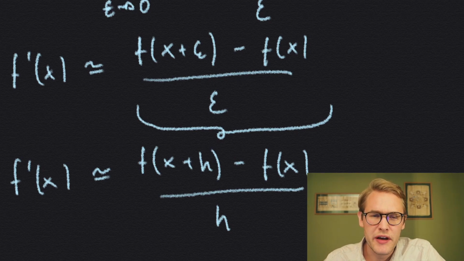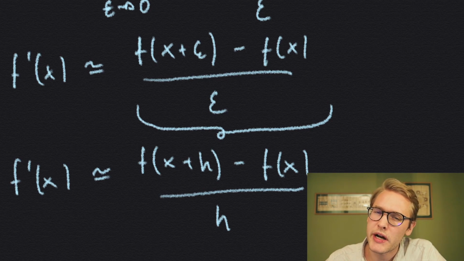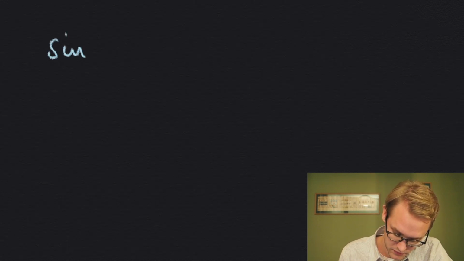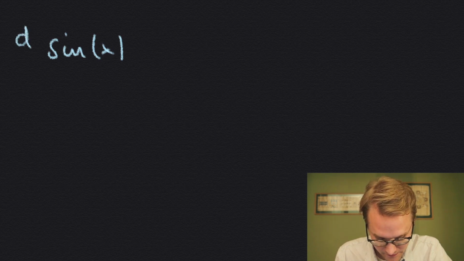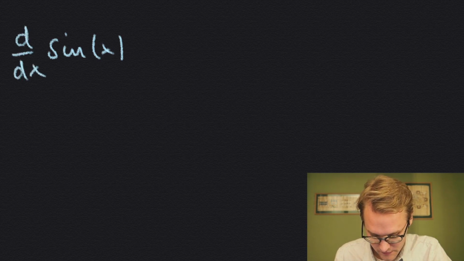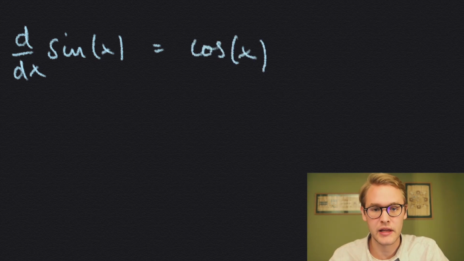So in order to have a feeling for how good this approximation is, we will explore an example together. Consider, if you will, the sine function and its associated derivative, which is the cosine function, like so.